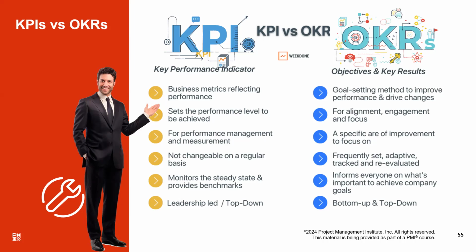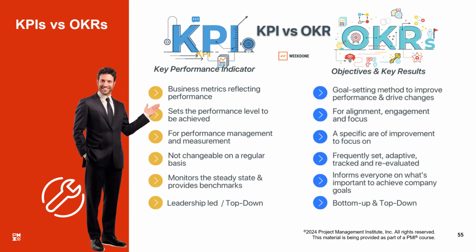In a way, I can say that they are not really changeable. Whereas, because the OKRs are germinated from the bottom up, they could be reconsidered anytime and you can change your OKRs and then move them upwards for approval. So they are frequently set, adaptive, tracked and reevaluated.